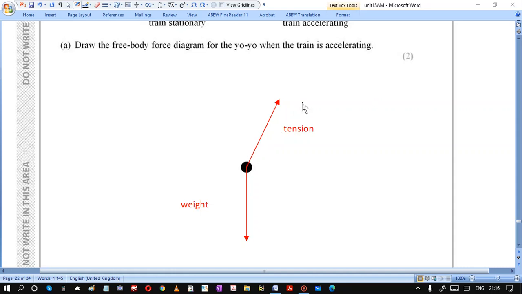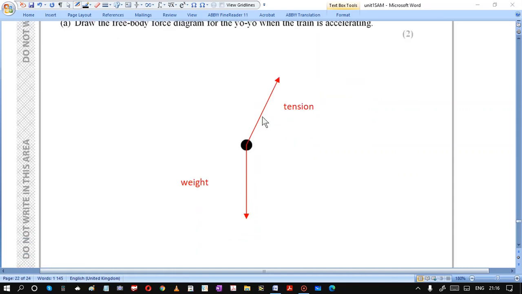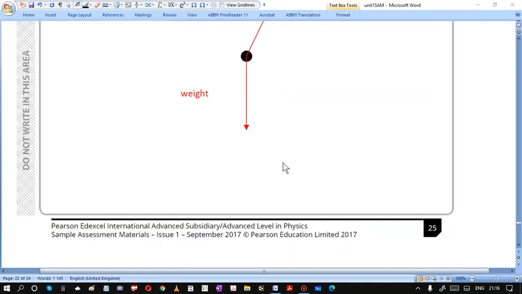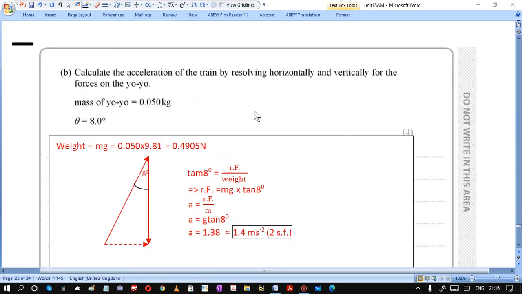So tension is inward along the string, weight is downward. So here we have, if we add, we get a vector forward, so the object should have acceleration. Calculate the acceleration of the train by resolving horizontally and vertically for the forces on the yo-yo.